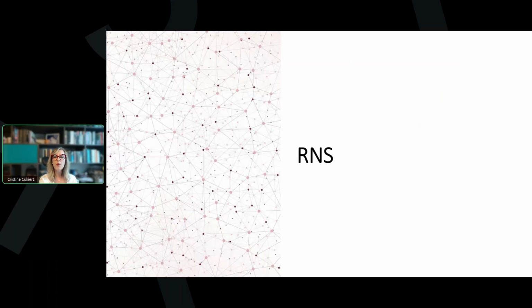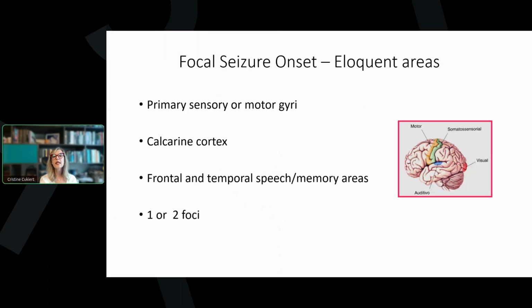When we move to RNS, it is a technique that we still don't have outside the United States, but it is for patients with focal seizure onset, especially patients with seizures in eloquent areas like the primary sensorimotor gyri, calcarine cortex, frontal and temporal speech and memory areas, or patients with one to two foci of epilepsy.